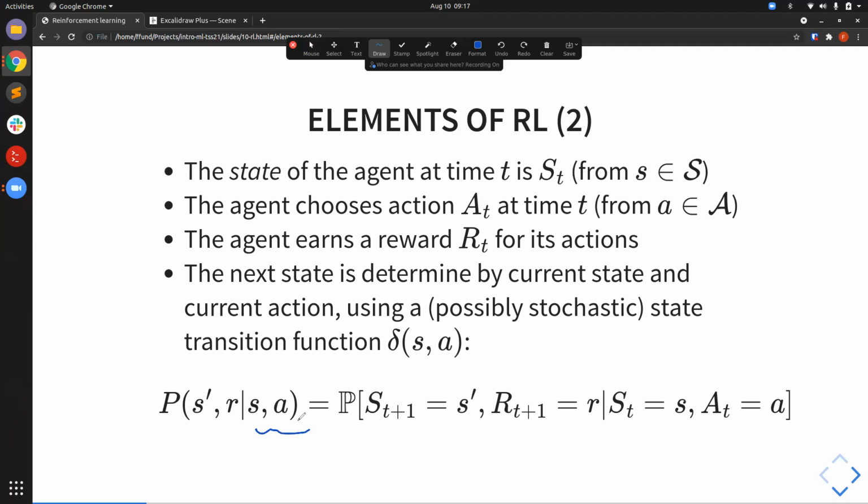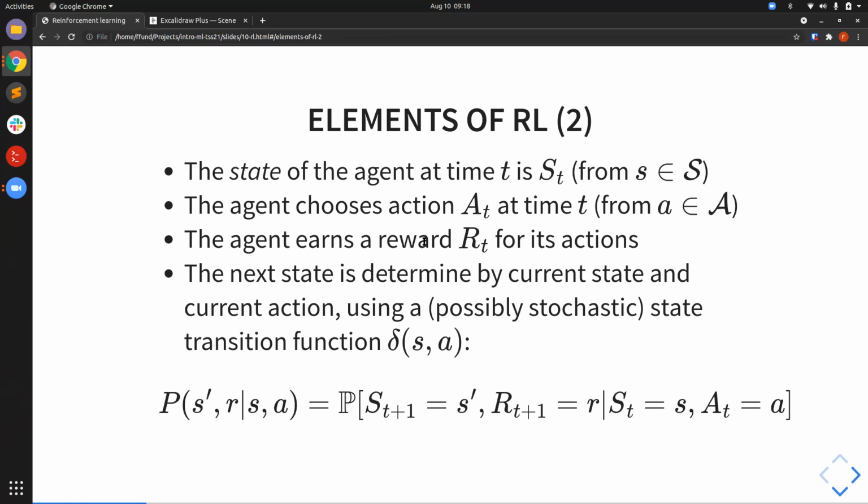Our current state and our next action. And this describes what we observe from the environment. Okay, so we observe our next state and the reward from the environment.